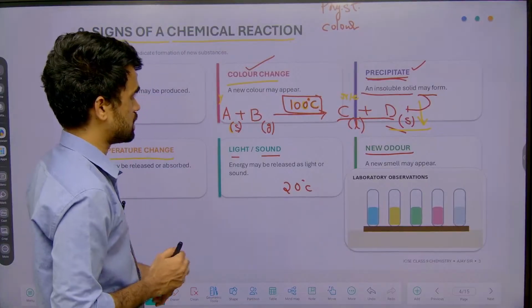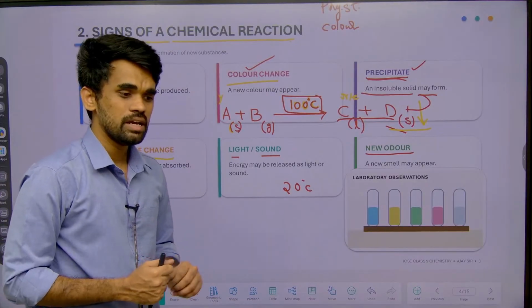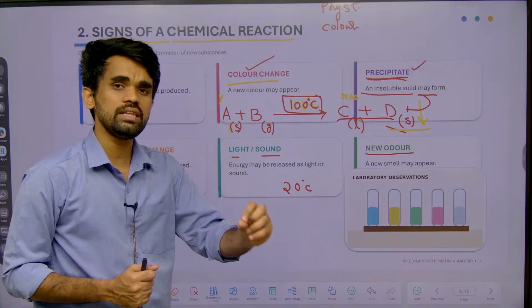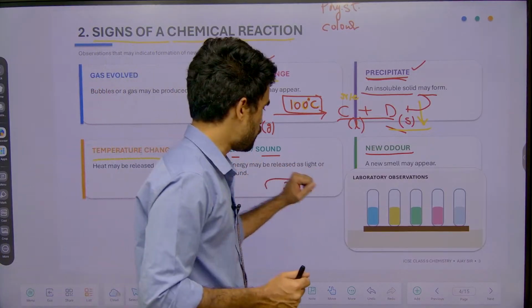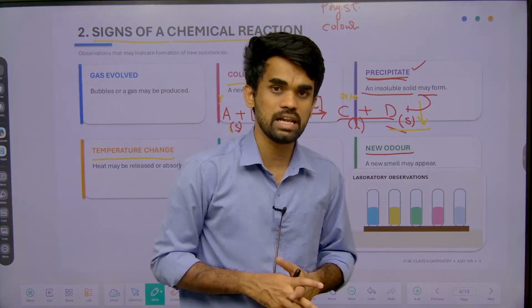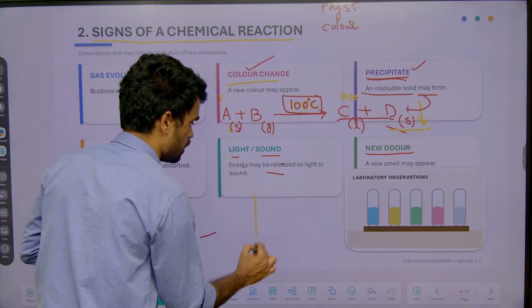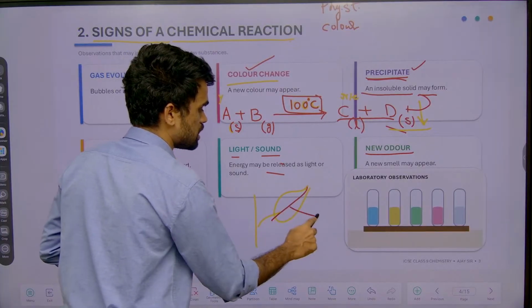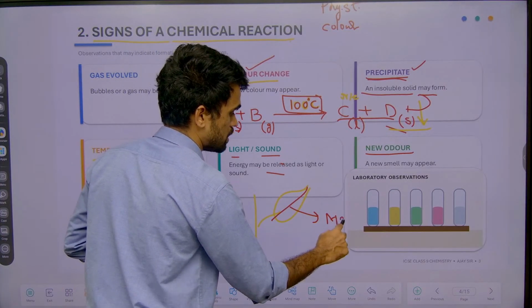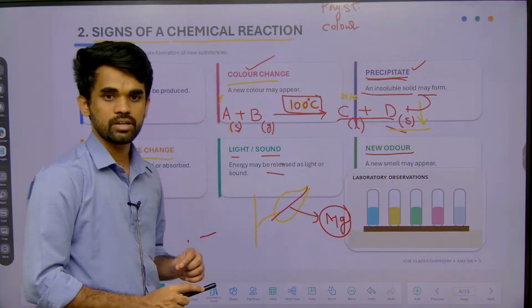Then, some chemical reactions happen only in the presence of light. For example, the best process is photosynthesis, which we see in our daily life. See the green plants; if you observe, the leaves will be like this. In these leaves, in the chlorophyll pigment, there is a magnesium metal.